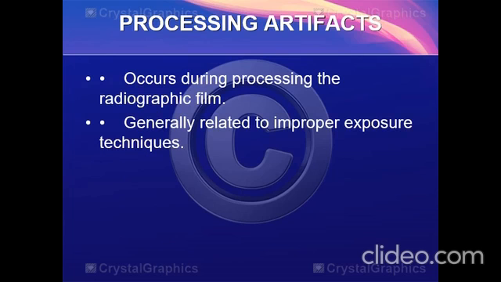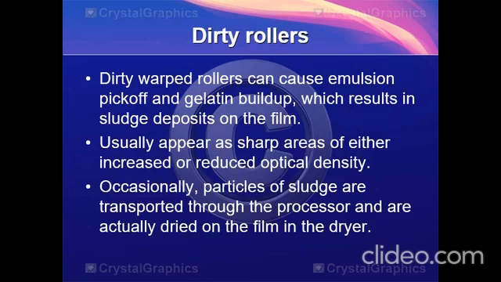And because of that, we don't have the capability to change it because the latent image is already there on the film. Okay, so that is the most common cause of processing artifacts. So these are examples of processing artifacts.